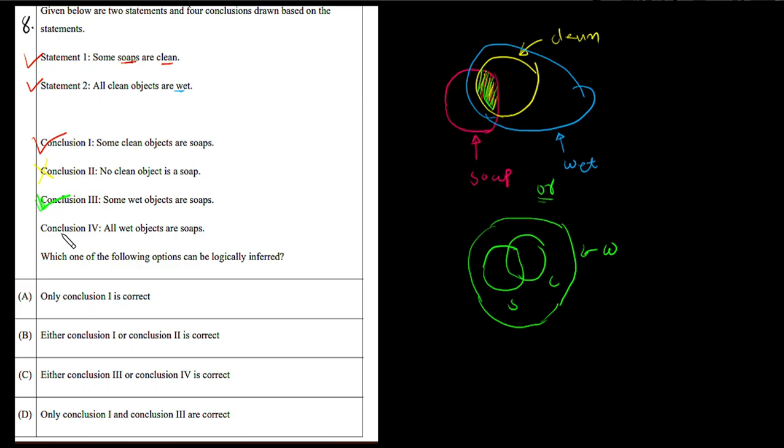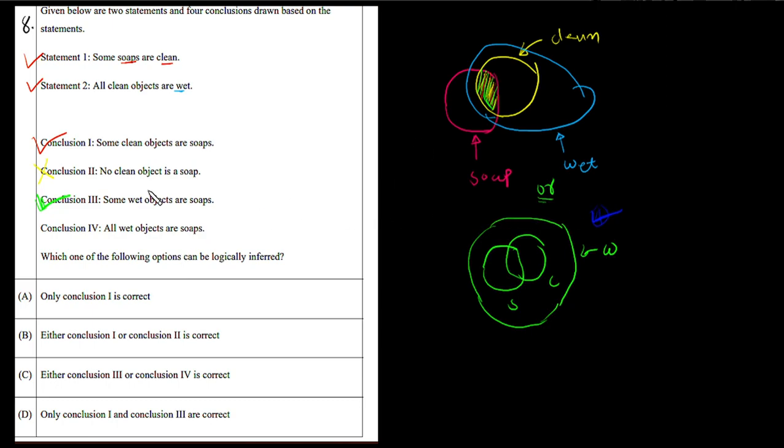So now let's move to the last conclusion. Conclusion 4 says all wet objects are soap. So now this conclusion is not going to happen always. If this is the case, this second one, then this conclusion is true. But sorry, not this case.